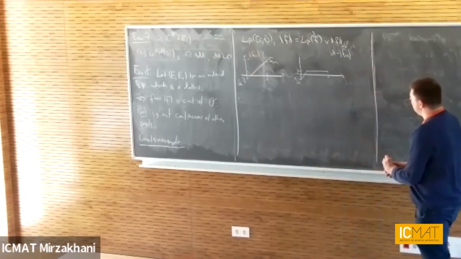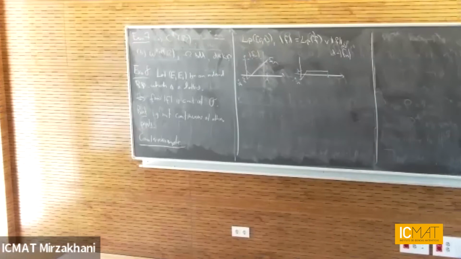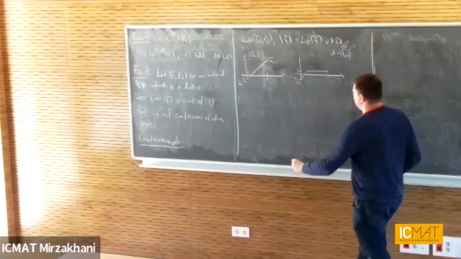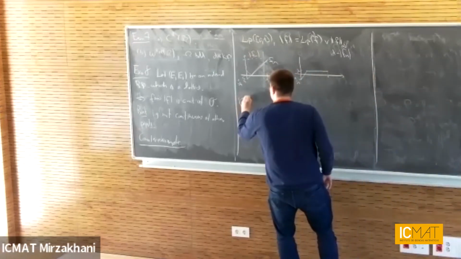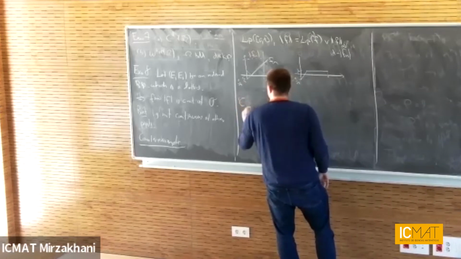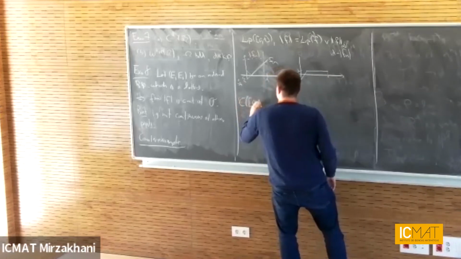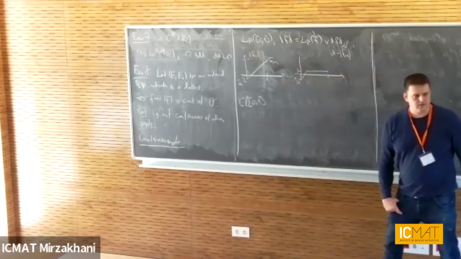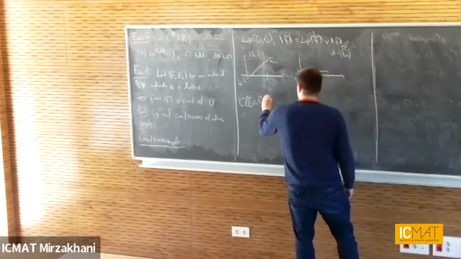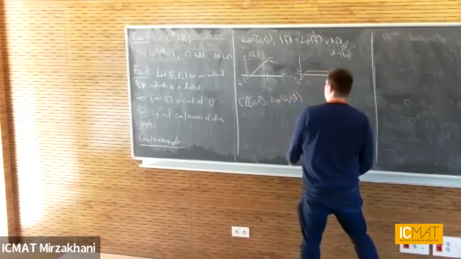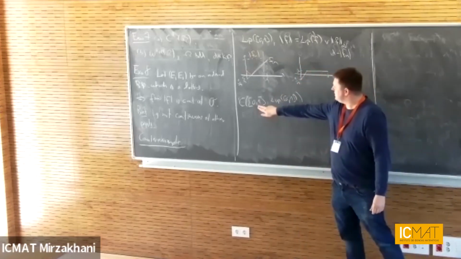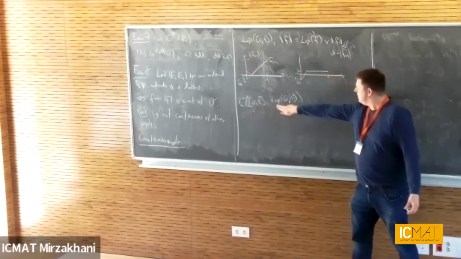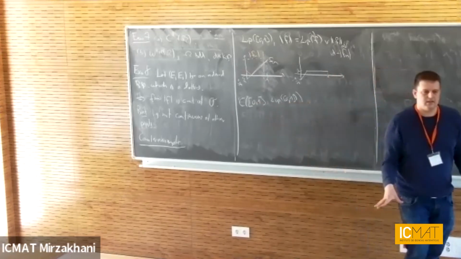Well, it's nice because if you consider the following space, the vector valued continuous functions from the unit interval into the Lipschitz functions. So those are continuous functions from a nice space into a vector lattice.